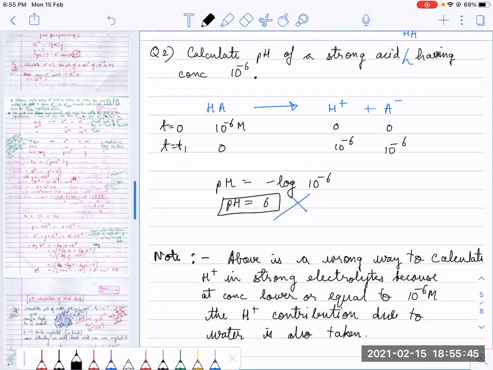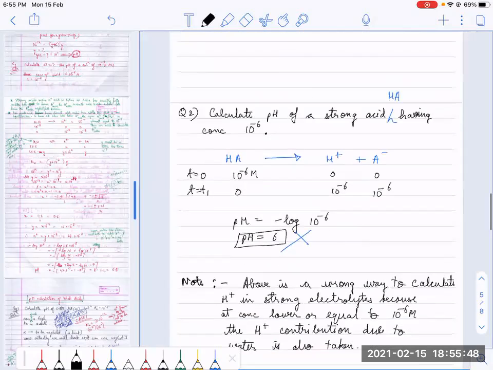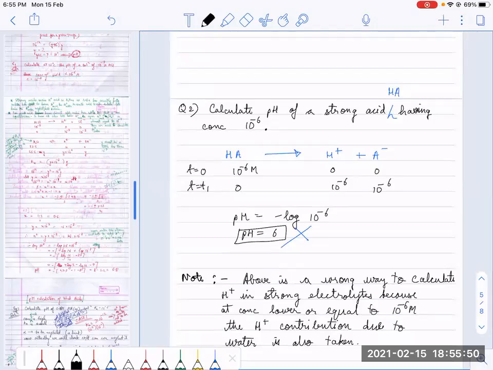Please write it down along with the example. This is a good example to show the problem.